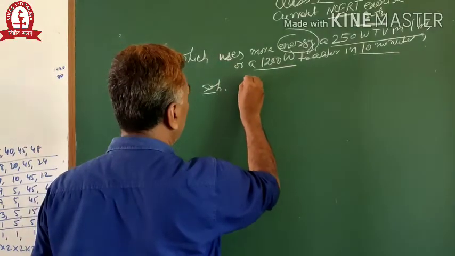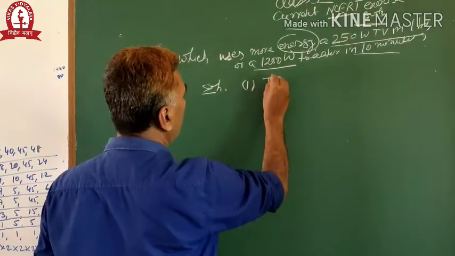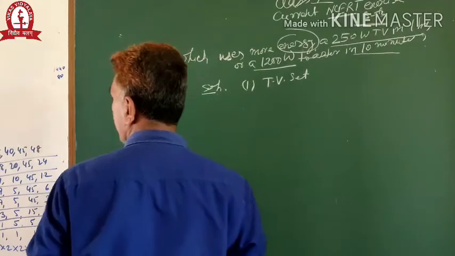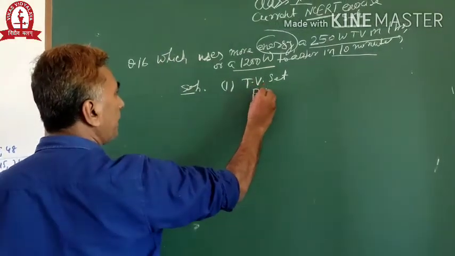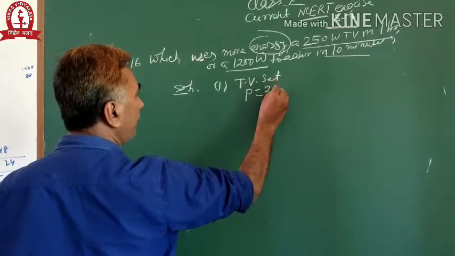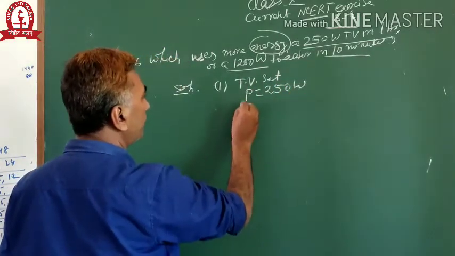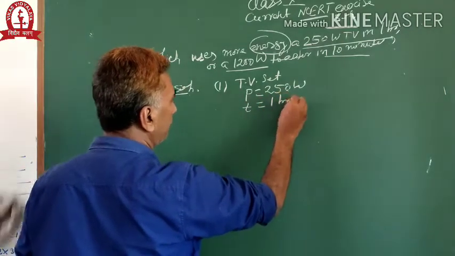Now look at the solution. First is the TV set. For the TV set, we have P is equal to 250 watt and the time is 1 hour.